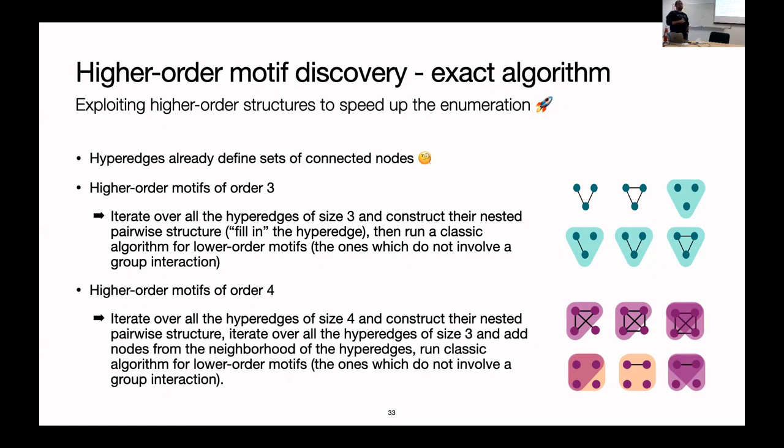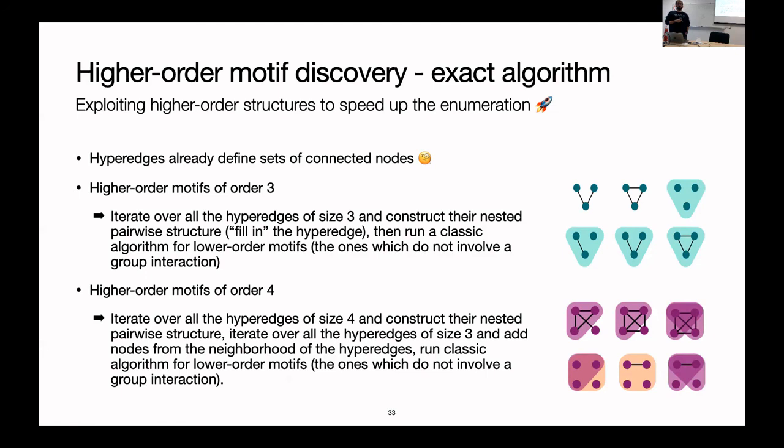I don't think I really got your question. Do you think that, starting from the most representative motifs for a certain network, you could build from those motifs to higher order motifs?